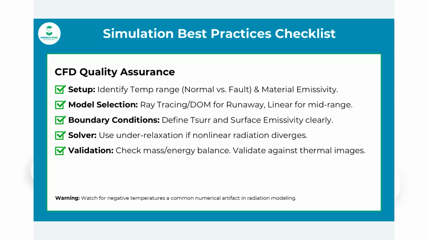There will come a point where you will see negative temperature warnings, a common artifact in radiation modeling. If the solver calculates that a cell is losing energy faster than it has energy, temperature will suddenly drop below 0 Kelvin. This will cause a crash.